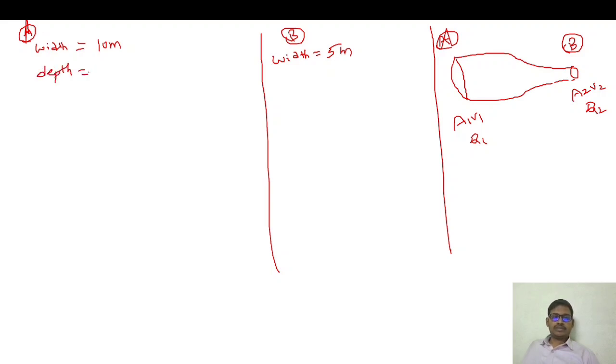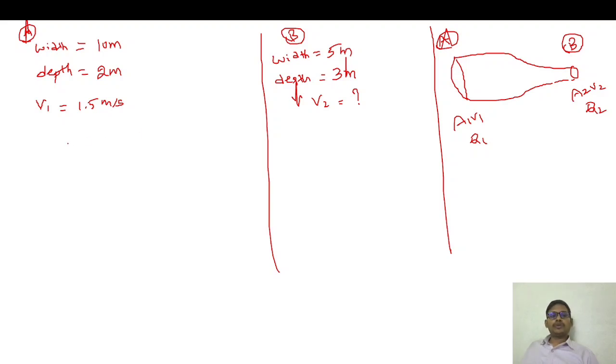Now depth is 2 meters. Depth is 3 meters. And velocity 1 is 1.5 meters per second. Well, velocity 2 they haven't given.